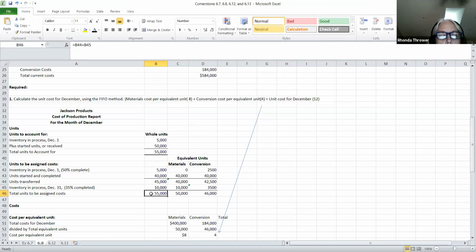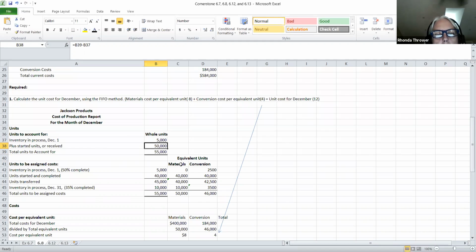If I know what this total units to be assigned are, I know what my total units to account for are, so I can just plug this in right here. See how they match up? So once you get this plugged in, if you know what your beginning inventory units are, you can find what you started during this period of time, which was 50,000 units. I know that's working backwards, but it's simple when you know this part right here. When you write this part down, you can work backwards just by filling in the information here.